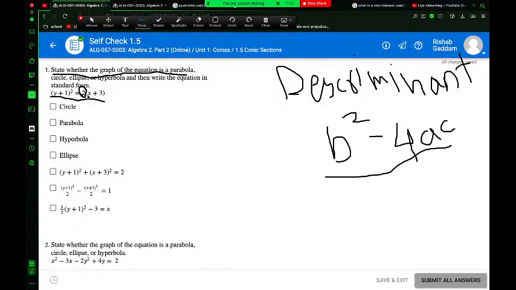Actually no, 2 is not the A value, okay? That's because this x is not squared. If this was, then it would be the A value, but it's not. So we're gonna have to simplify the equation to do this.